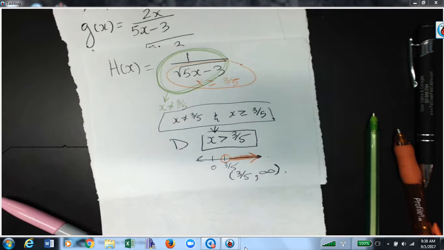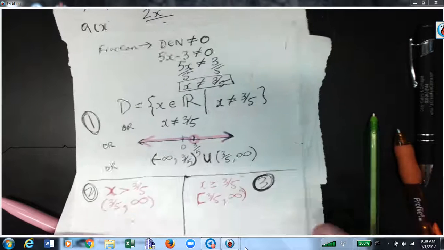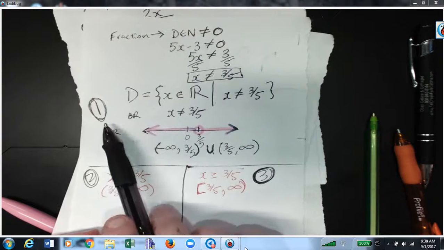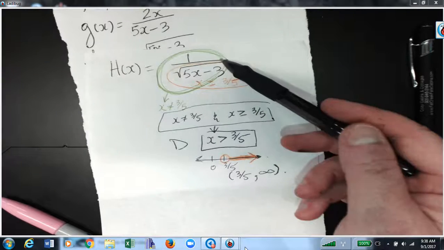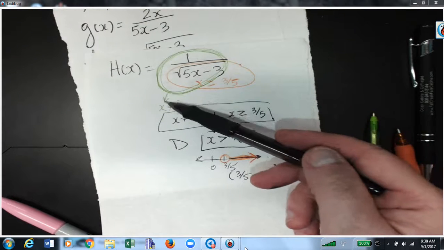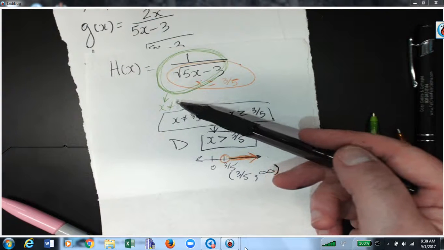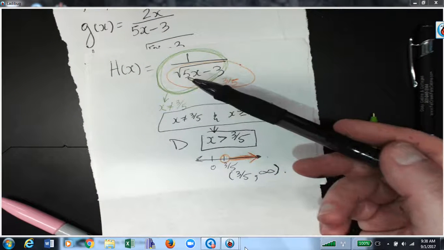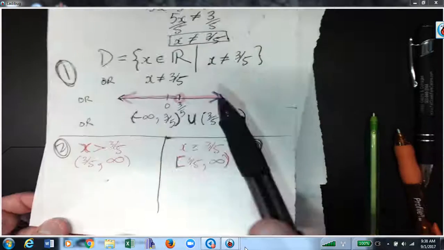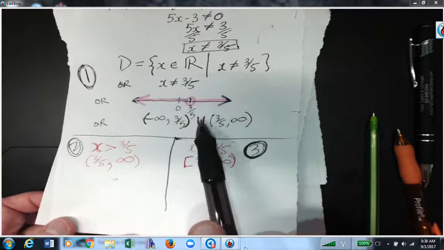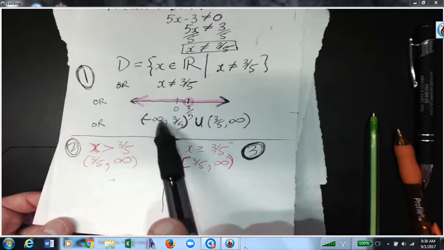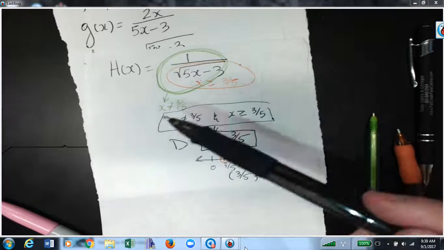So where things go wrong is a student will wrongly say pick selection 1 because they only look at this as a fraction and they're only thinking of the restriction of this if it were a fraction. And if you ignore the square root restriction, then that would lead you to the wrong restriction, which is described here in number 1.